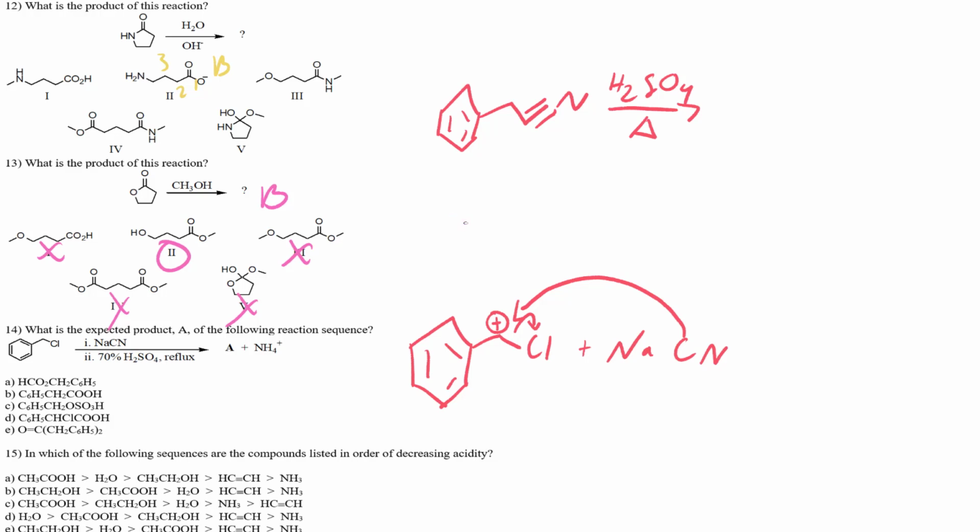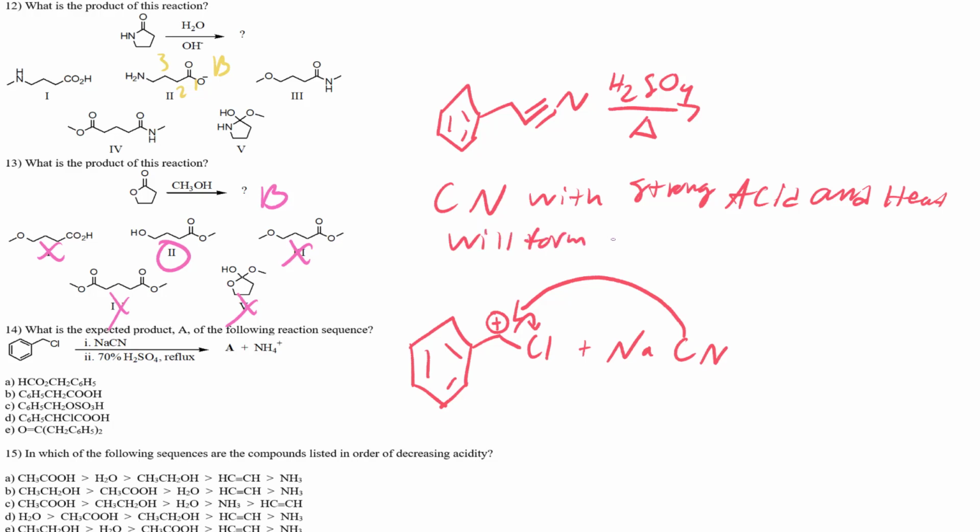Okay, so cyanide with strong acid and heat will form a carboxylic acid. The reaction is really complicated, too tedious, really, but that's what you should be expecting.